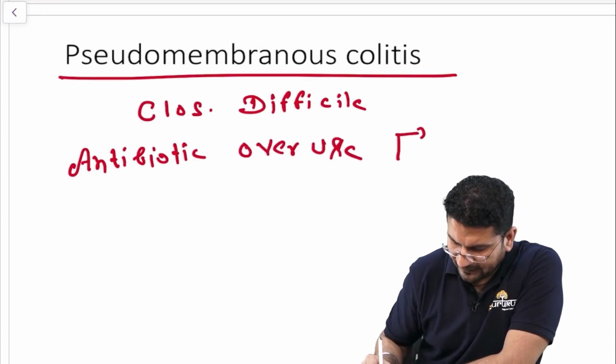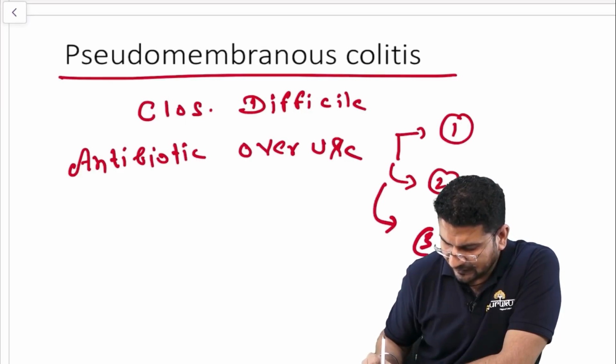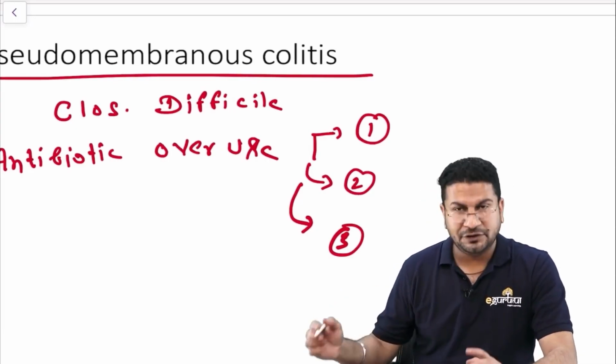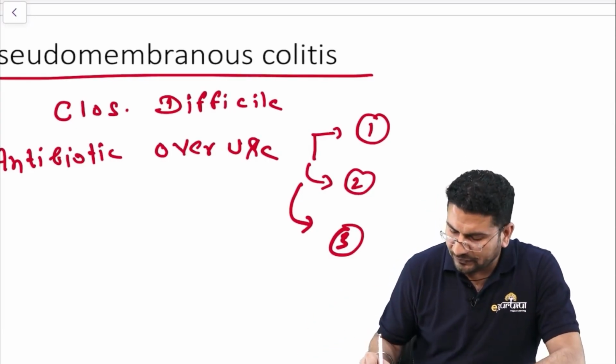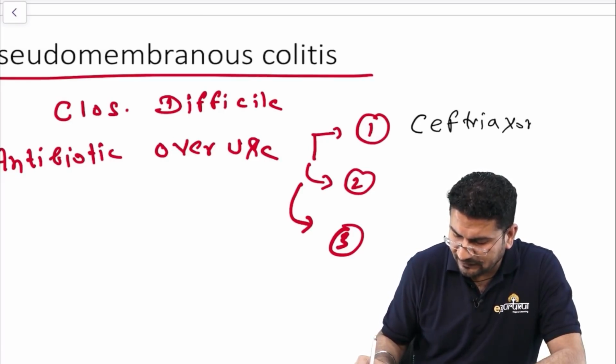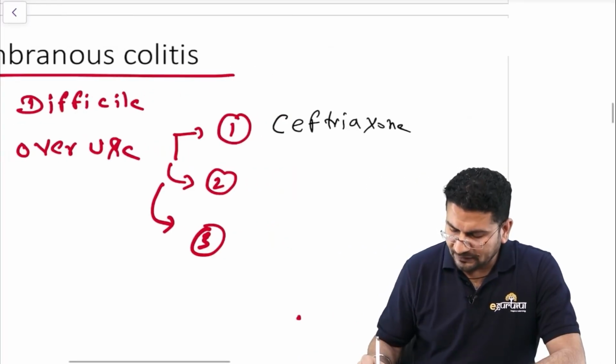There are 3 antibiotics you have to remember which can cause this. These are 3 antibiotics which we commonly prescribe in the Indian scenario. Anywhere you go, Monocef or ceftriaxone is the most commonly prescribed antibiotic. Patient is admitted with anything, give ceftriaxone, Monocef. So the most common drug that can cause this.